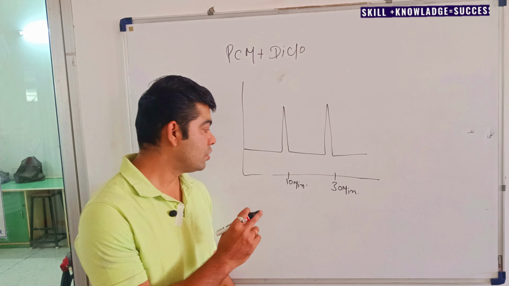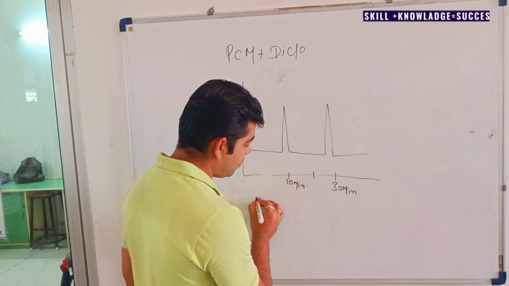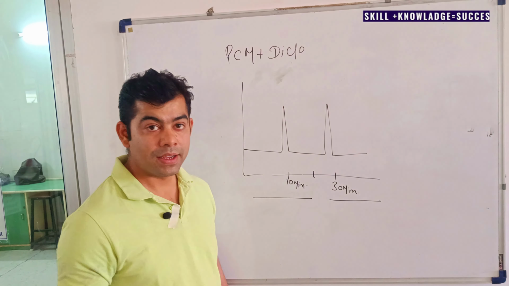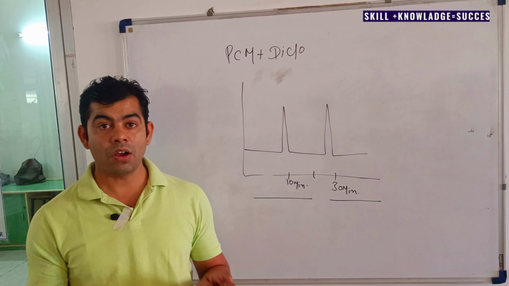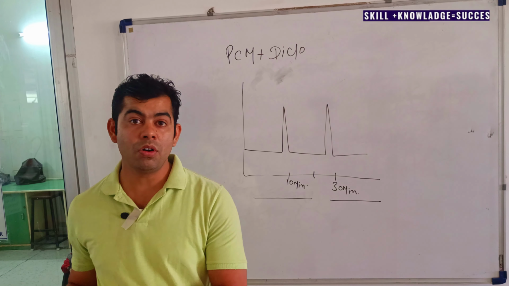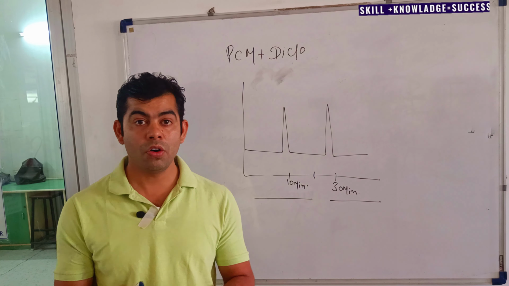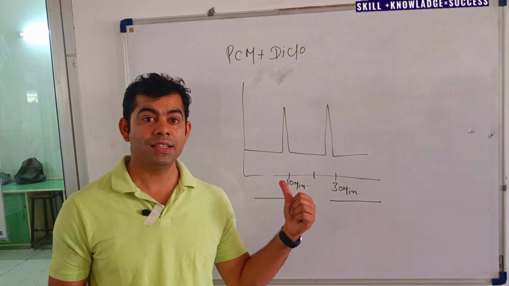So I set one ratio for paracetamol and one ratio for diclo. This is only possible in gradient mode, if you have two different mobile phase ratios and you want both peaks in the same graph.